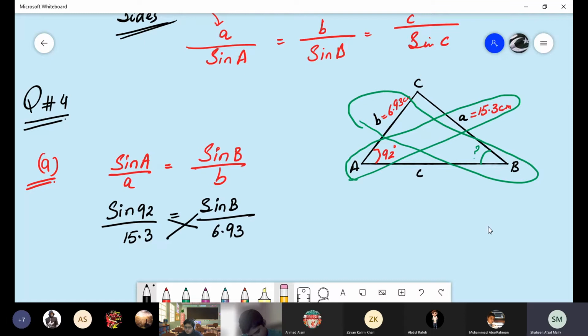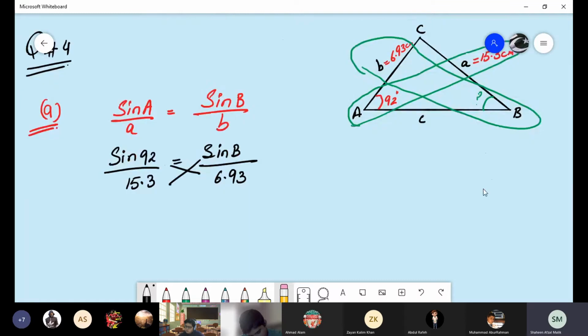Do the cross multiplication and we will find the answer. It will be sine B multiplied by 15.3 is equal to sine 92 multiplied by 6.93.